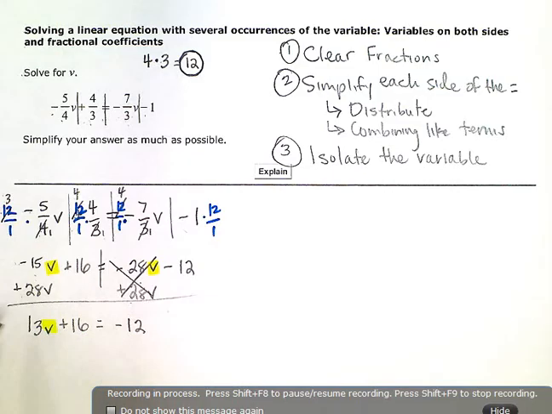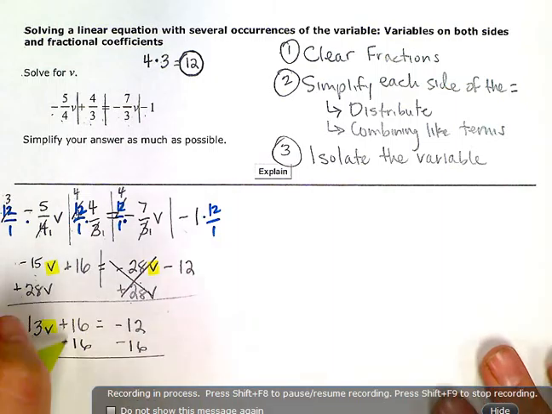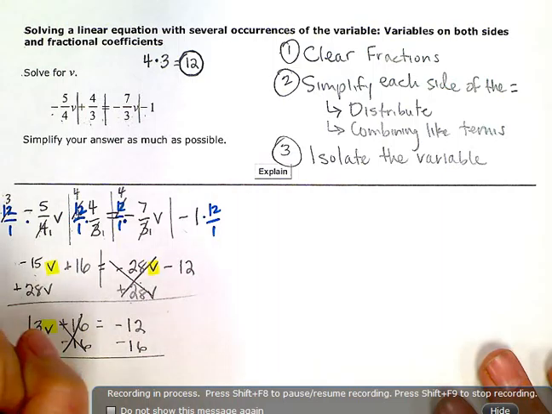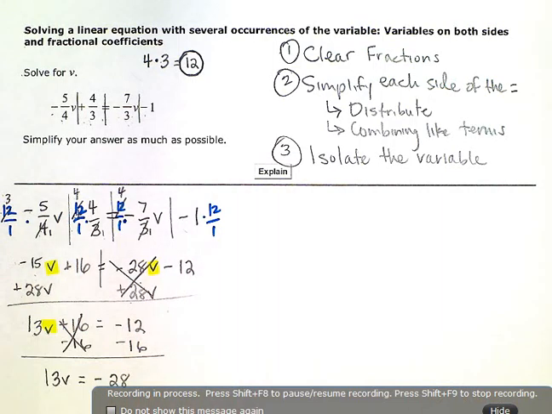I'm always going to save for last the number that is directly attached to my variable, or my coefficient. I want to get rid of anything else first. So this plus 16, to zero it out, I would subtract 16, and balance my equation by doing it on this other side. So 13v on the left is equal to negative 28 on the right, combining these two.